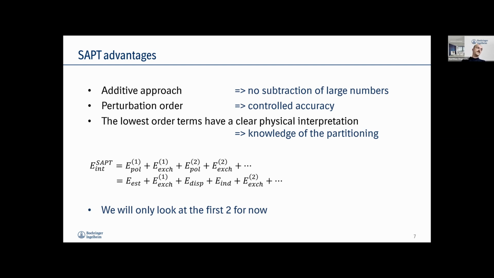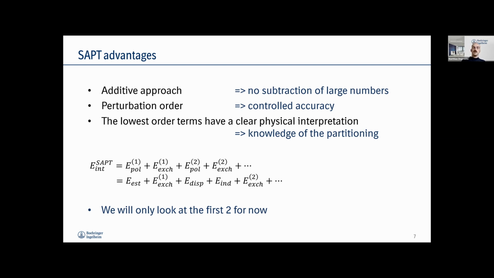So you have the first order polarization. So this is the first contribution, and then you directly have an exchange equivalent of that, and then the second order, and then an exchange equivalent of that as well. And the first order polarization, that is exactly the electrostatics of this problem.